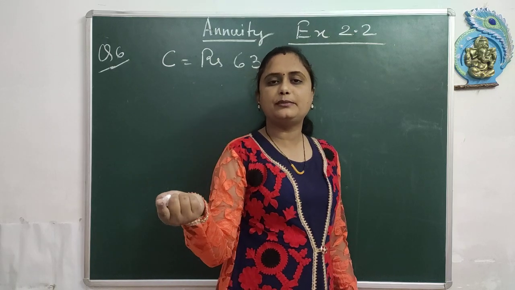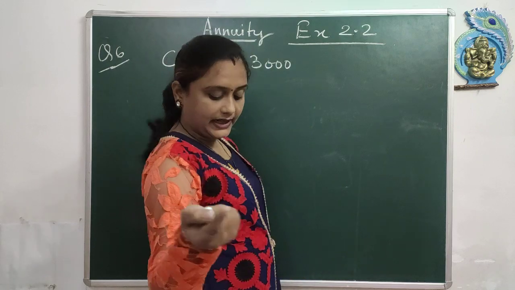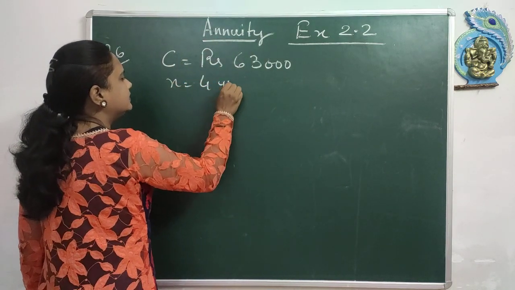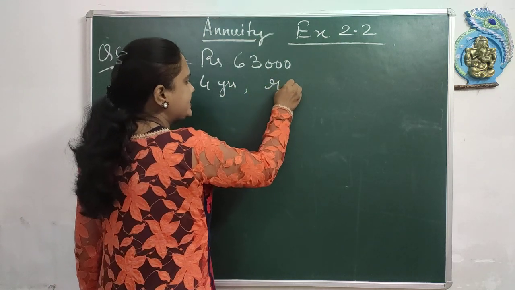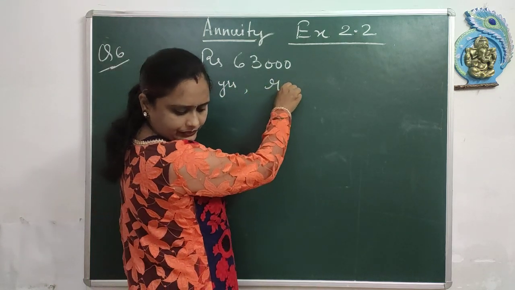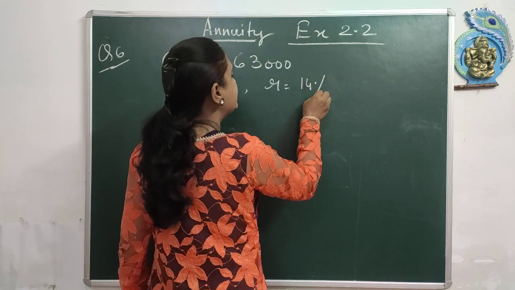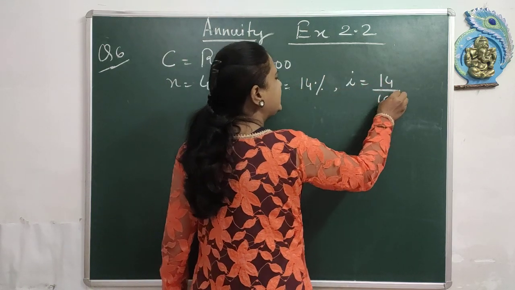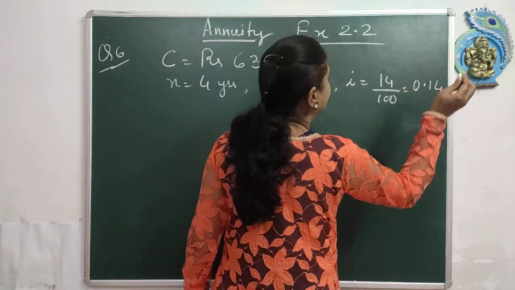So it is the same as question number 5. The time is 4 years and the rate is 14%, so I will be 14 divided by 100, that is 0.14.